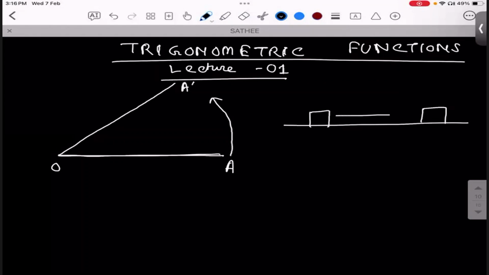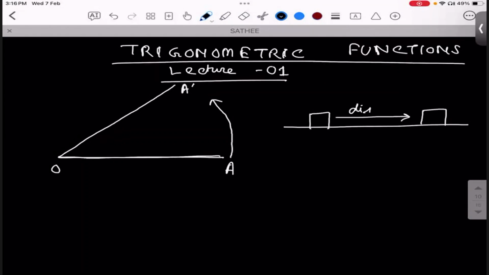From this point to this point is the displacement. We measure how much displacement the particle had by the distance between the present and the past position. So this length or distance between these two is considered as the displacement of this particle.